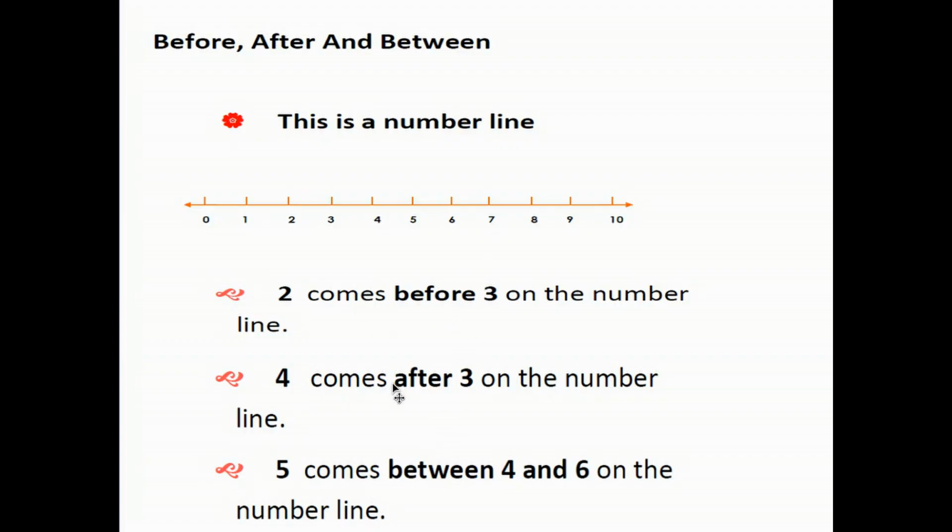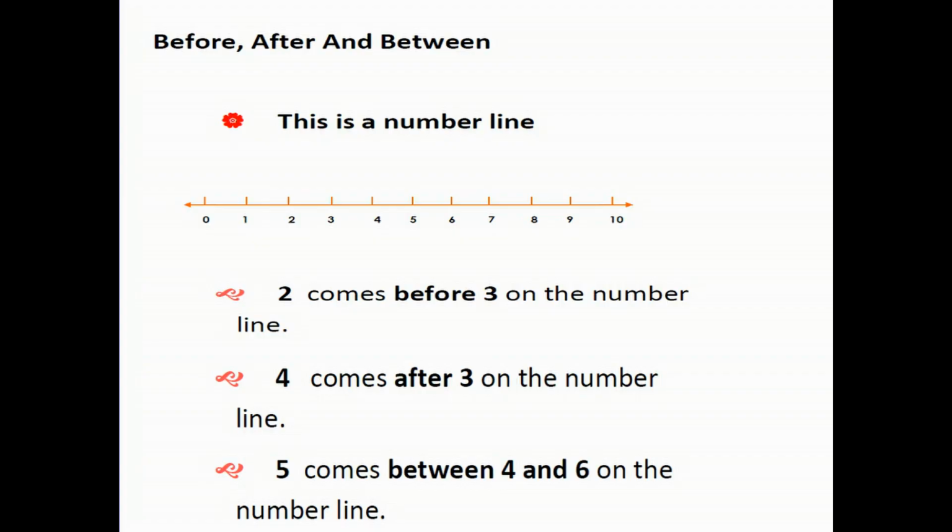Say for example, 2 comes before 3, and 4 comes after 3. And also 5 is in between 4 and 6. This is the order of numbers on a number line. When we see them on a number line, it shows their arrangement, their order.